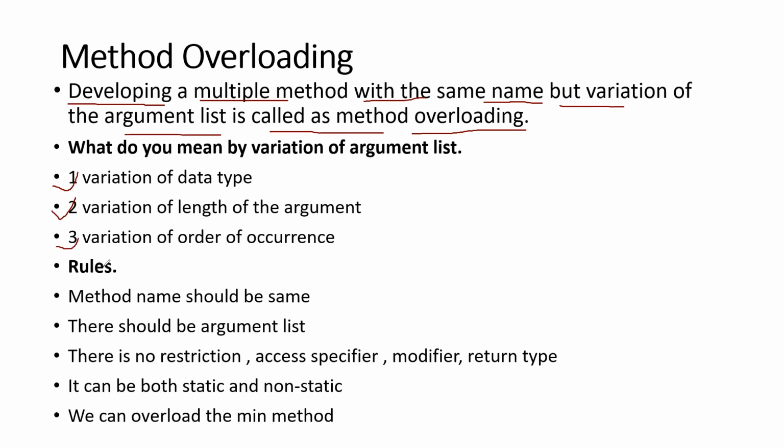Okay, and the rules of method overloading: the method name should be the same, the argument list should vary, and there is no restriction on access specifier, modifier, and return type. It can be both static and non-static. We can overload the main method.